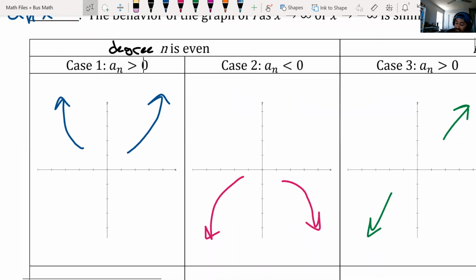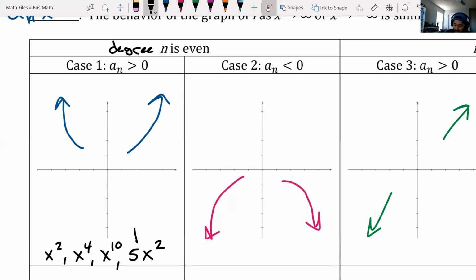What it means to be an even degree are functions such as x squared, x to the 4th, x to the 10th, any even number with a positive leading coefficient. When we say positive leading coefficient, I can even say 5x squared, where the coefficient is positive and the degree is still even.